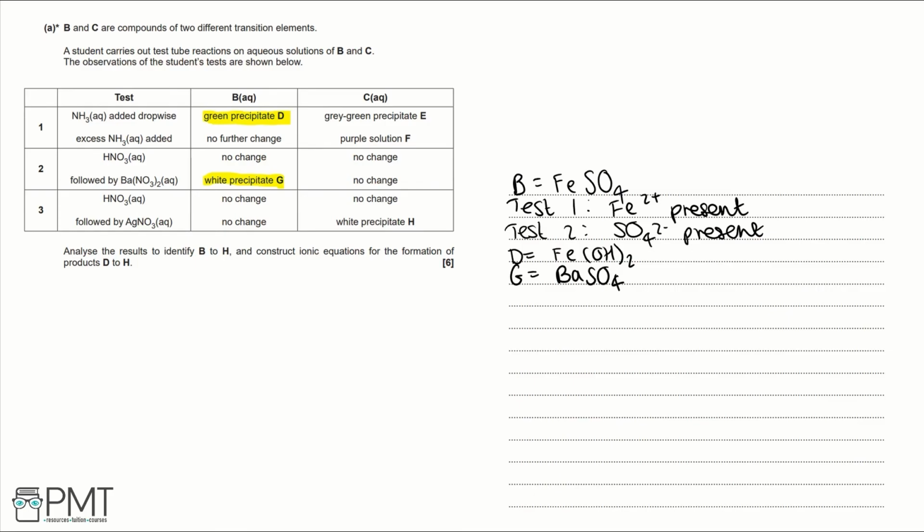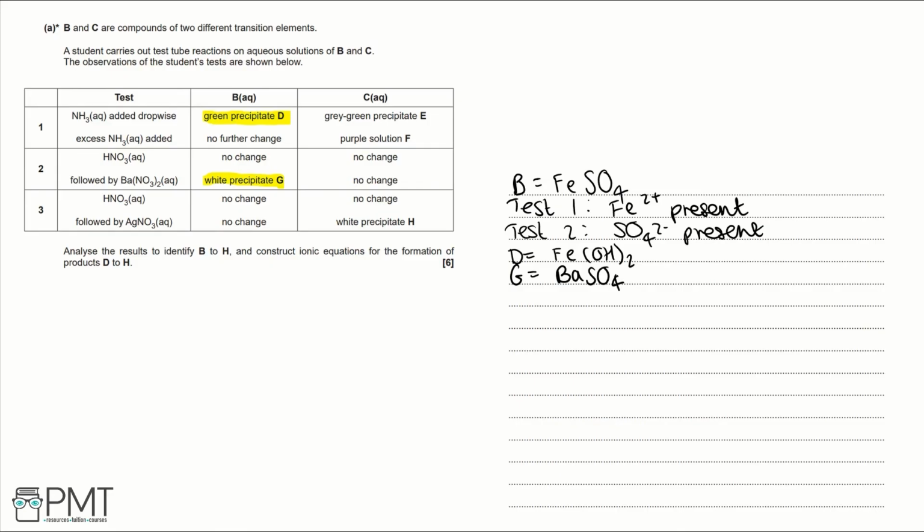D is because we're adding this base, OH minus, to iron 2+, so we get the compound D as a precipitate. And G is because the sulfate ion likes to be with barium, so it's going to displace the nitrate ion. So that's B, because we've got no change with test 3.